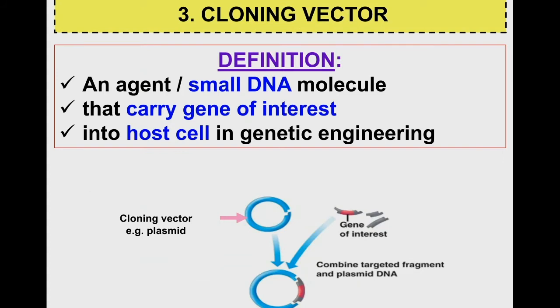Okay, the third tool that you use in this process is cloning vector. Cloning vector can be defined as an agent or small DNA molecule that carry the gene of interest, and they will combine to produce the recombinant DNA, then they will be put into the host cell during the genetic engineering.